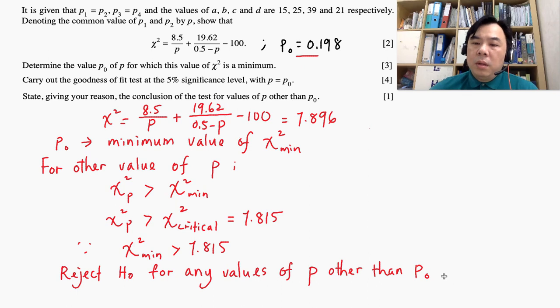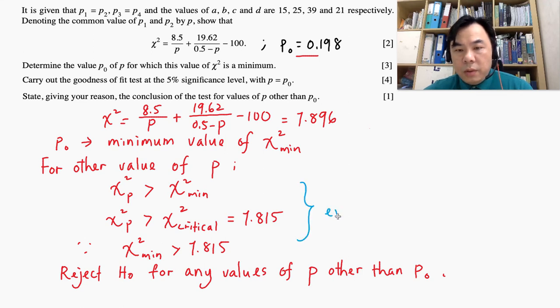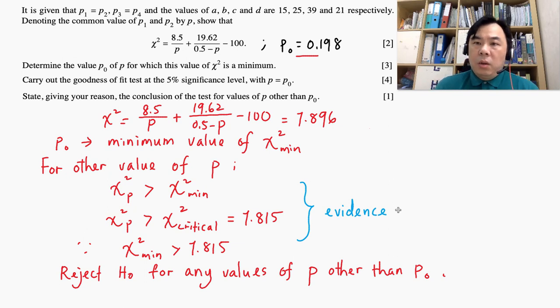All right, so the evidence is there. This part would actually give us the supporting evidence to always be able to conclude that we're going to reject the null hypothesis, knowing that the proportion is not equal to 0.198. Now, I hope that is clear for this question here.